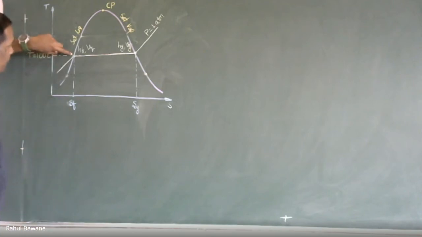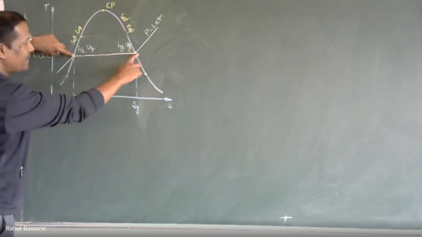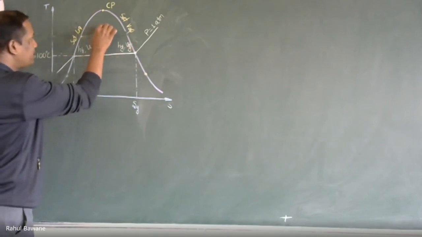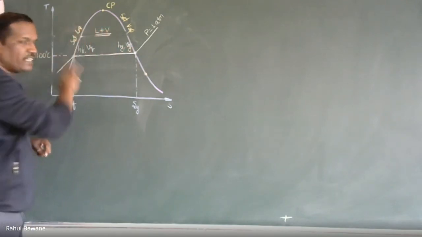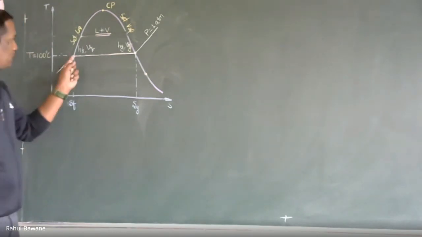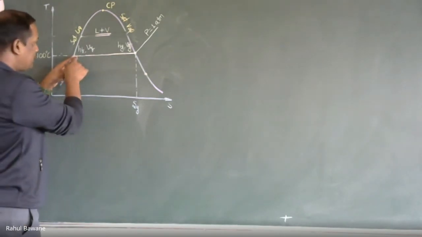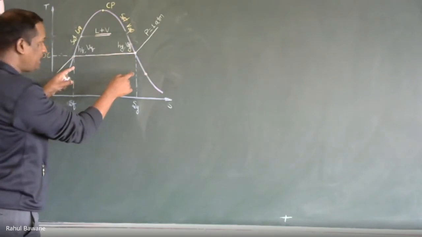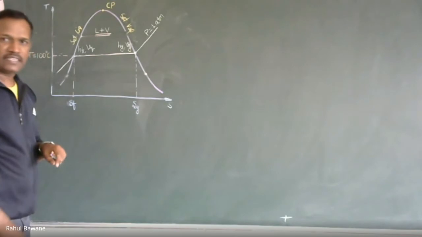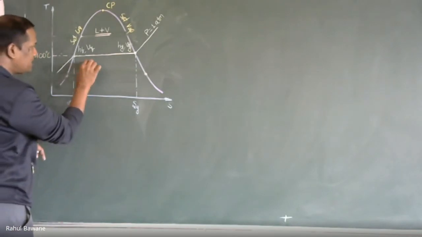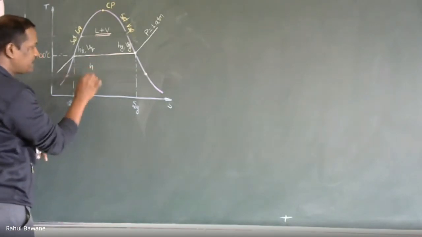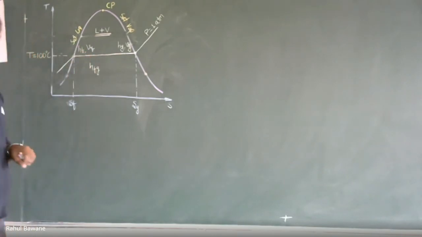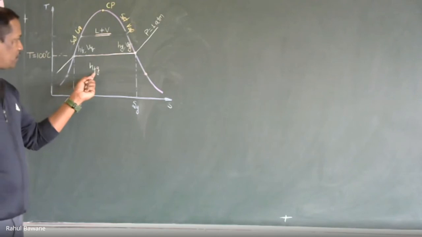Now at this point it is a fluid, at this point it is a gas, but in between there is a mixture of liquid and vapor. Not completely liquid, not completely vapor. So from this to this there is a mixture of liquid and vapor, and the corresponding properties are denoted as enthalpy of fluid and gas.